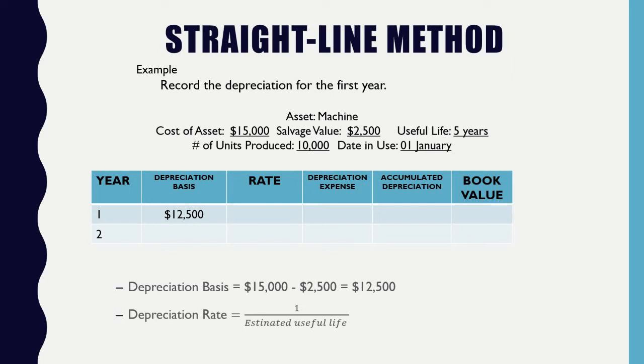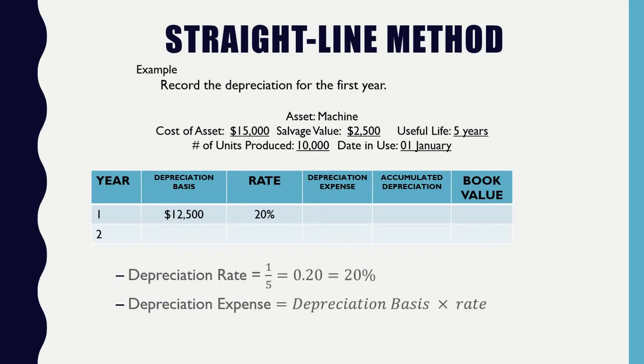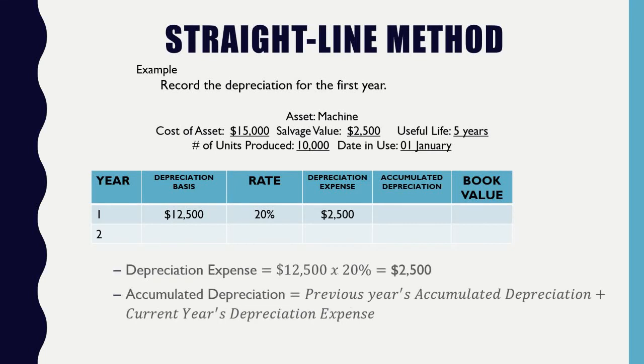So 1 divided by 5, because the estimated useful life is 5 years, you're going to get 20%, or 0.2, whatever it is. Then to solve for the depreciation expense, it's the basis times rate. So you take your 12,500 and multiply it by 20%, and therefore you're going to get 2,500.